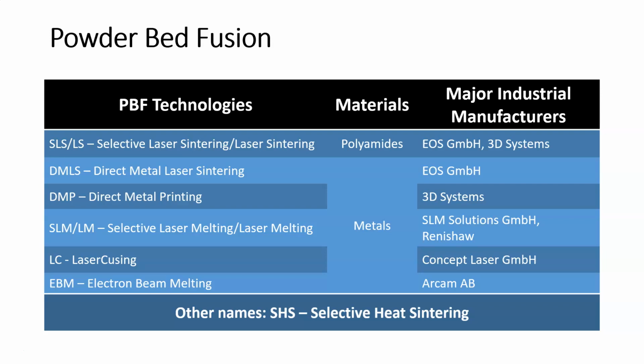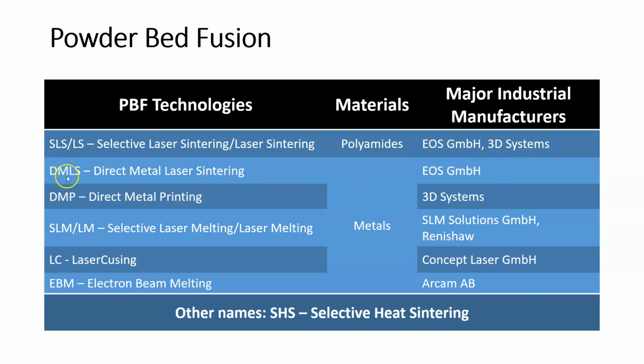Okay, so you'll see printing, melting, and sintering. All right, and in addition to cusing, laser cusing. So we have selective laser sintering and laser sintering. And that material is polyamides, which is plastics. Okay. And the major industrial manufacturers are the EOS system and 3D Systems.